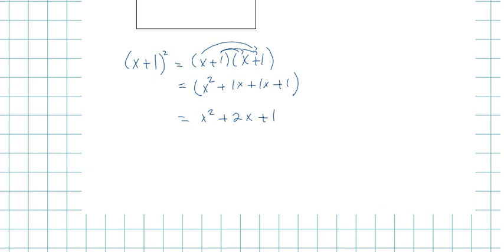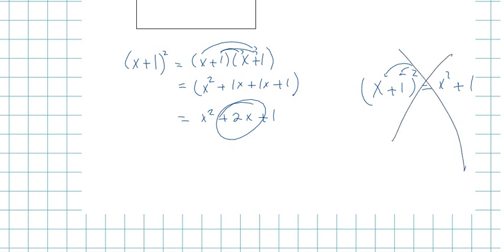Is this the same as doing this? Is it the same? No. Where did this go? Just distribute, wrong. The reason it's wrong is because you see that sign right here?